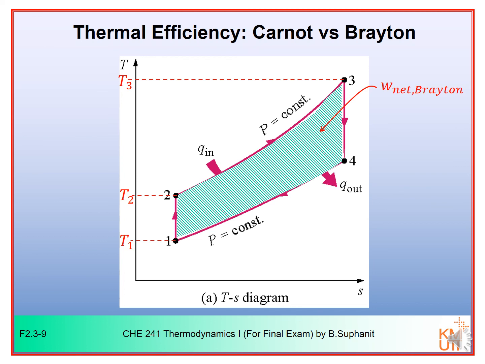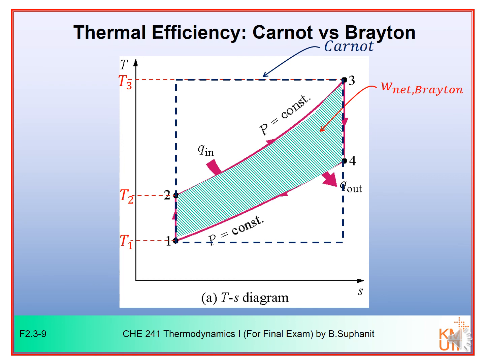When we compare this cycle with the Carnot cycle operating between the same maximum and minimum temperature range, the Carnot cycle will be enclosed with this simple rectangle operating between T3 and T1. So you can see that the area of the Carnot cycle is much larger than that of the Brayton cycle.